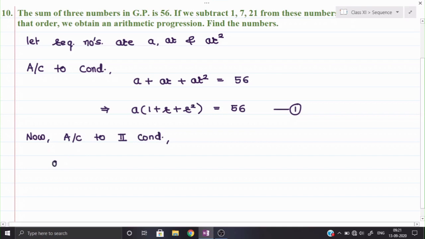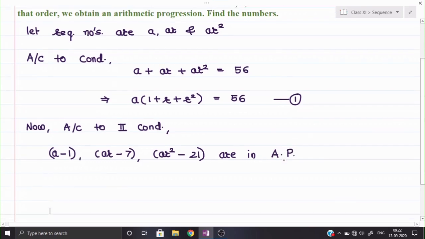So from A, if I subtract 1, it becomes A minus 1. From AR, if I subtract 7, it becomes AR minus 7, right? And from AR square, if I subtract 21, it becomes AR square minus 21. And these three numbers are in arithmetic progression, that is given to us. After subtraction, they will be in AP.